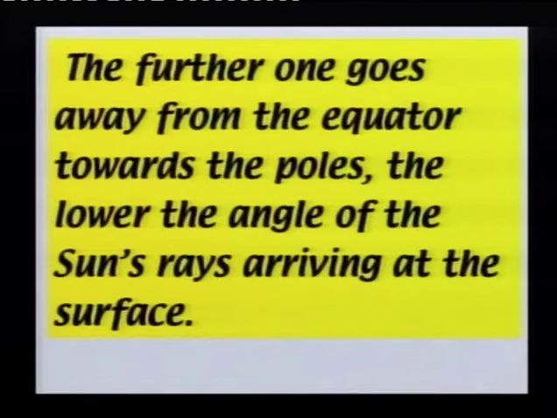The further one goes away from the equator towards the poles, the lower the angle of the sun's rays arriving at that surface.